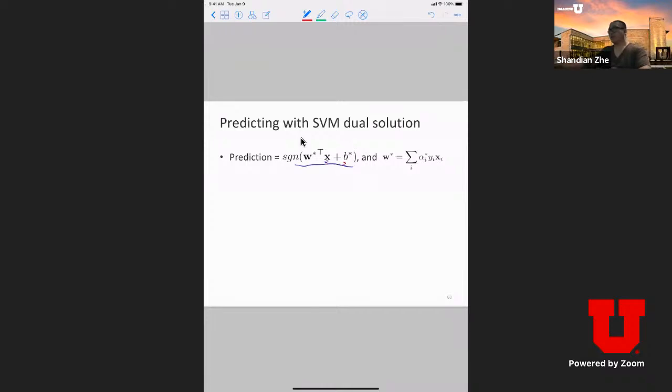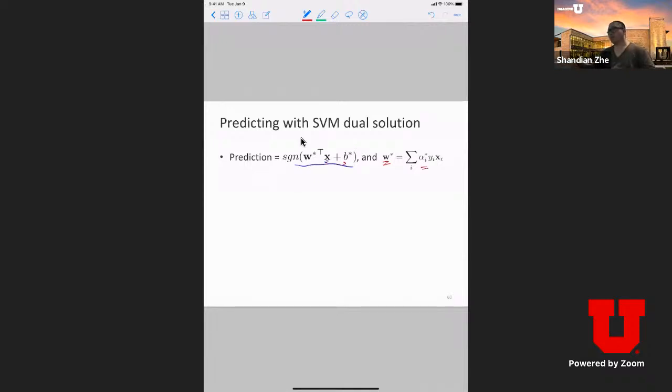From the dual solution, we know the final weight vector is a combination of the training inputs, the support vectors. We can exclude the non-support vectors because they don't have any effect.